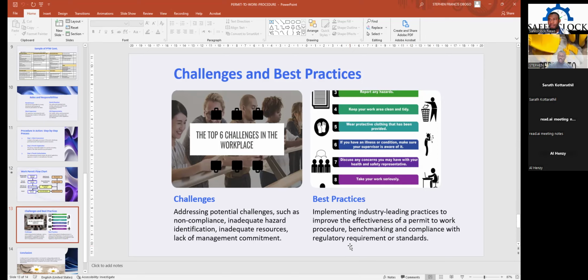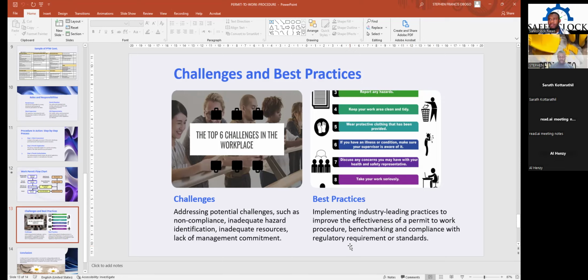Also, benchmarking and compliance with the regulatory requirement or standard is very essential. Okay, because when we talk of benchmarking, we should also look at similar industries. Maybe you are working in construction, you can look at other companies, other organizations who are also complying with this process, look at the permit procedure and understand how they've been doing well.